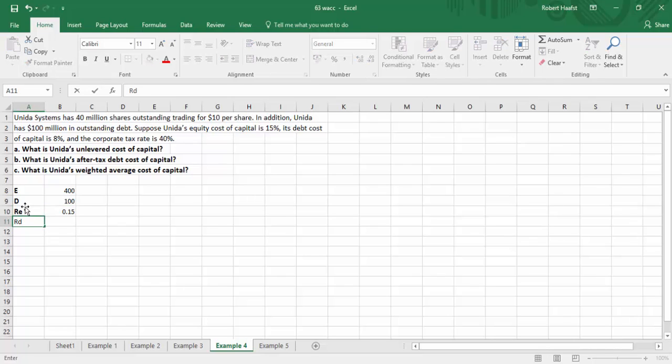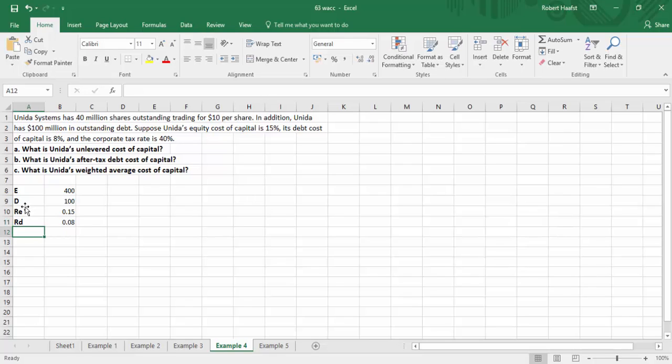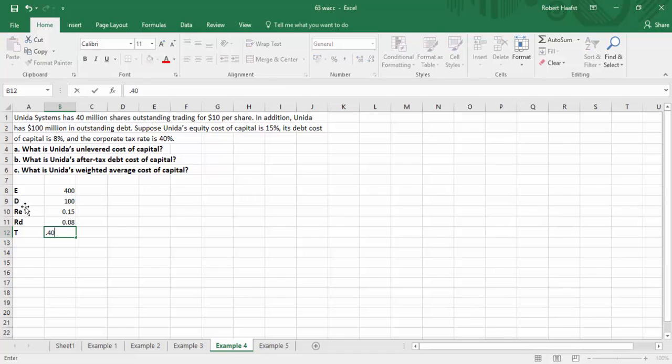We know our cost of debt, which is 8%, and we know our tax rate, which is 40%. So then we know that our equity to value is simply 400 million divided by 500 million, which is 4 plus 5. And our debt to value is then 0.2. Agreed?